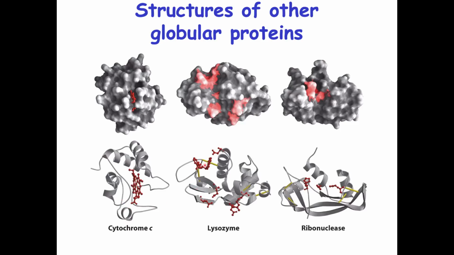Disulfide bonds are shown in yellow. And then some of the amino acids that are important in catalysis are shown here in red, and also shown in the contour diagrams. So all of these are different. There's a diverse structure that we see, lots of different structures, but they all are fairly compact and tend to be globular.